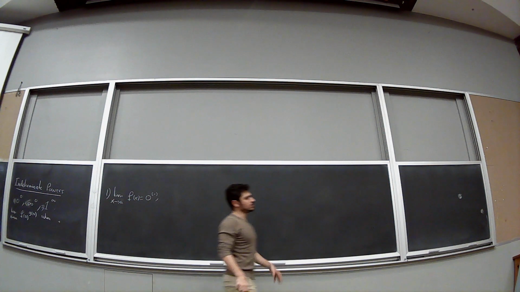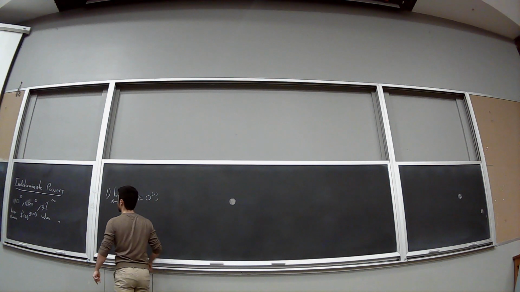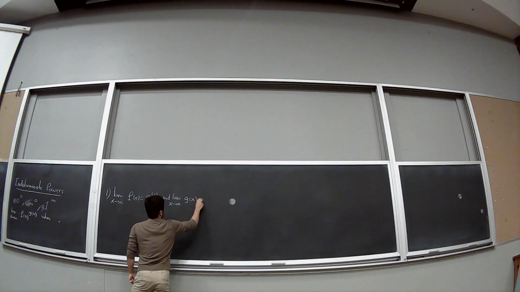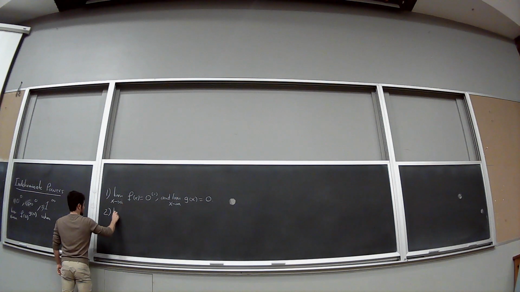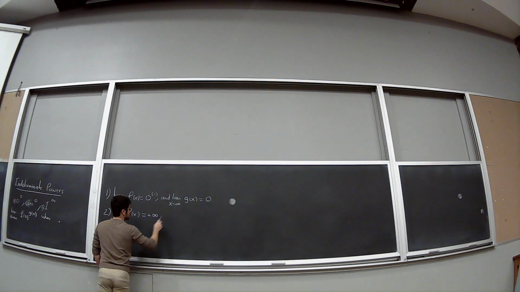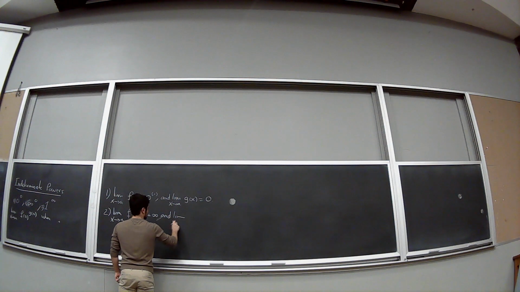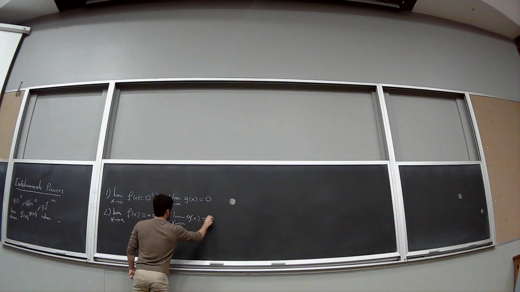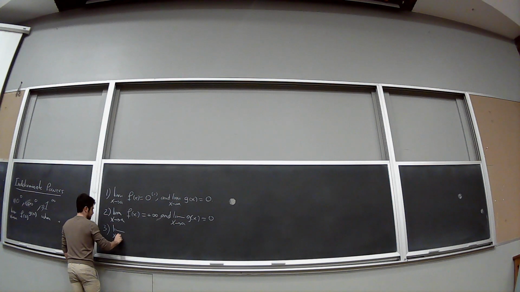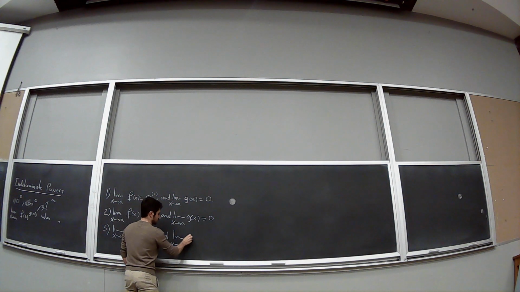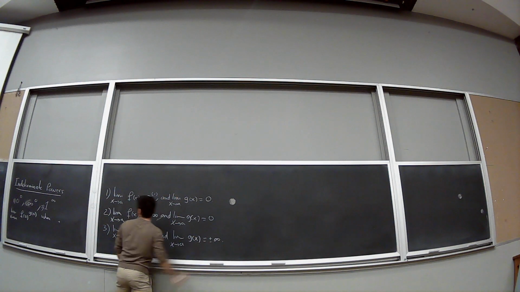We'll make sure that f of x goes to 0 while remaining positive, and the limit of g of x is 0. For 2, the limit as x goes to a of f of x is plus infinity, and the limit as x goes to a of g of x is equal to 0. 3 is the limit as x goes to a of f of x is 1, and the limit as x goes to a of g of x is plus or minus infinity. Okay? These are the indeterminate powers.